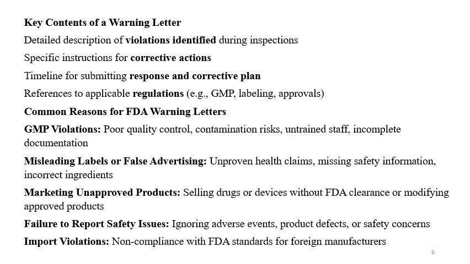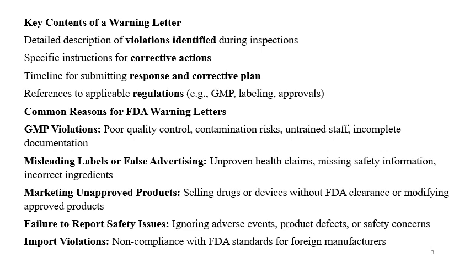So reasons are GMP violations, misleading labels or false advertising, marketing the unapproved products, failure to report the safety issues, import violations, and many other violations. These are some of the common reasons I have included here.